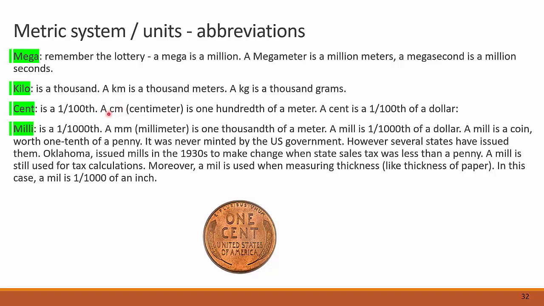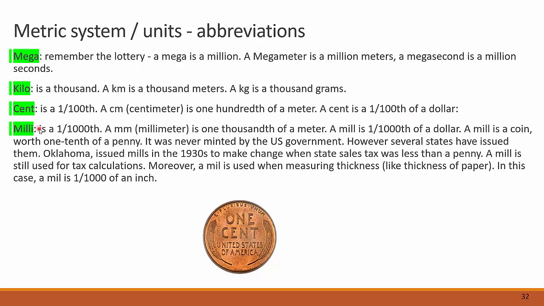So a centimeter would be 100th of a meter, or 100 centimeters would be a meter. A cent is 100th of a dollar, or in other words, 100 cents will make a dollar. A centigram would be a gram divided by 100. A centisecond would be a second divided by 100.